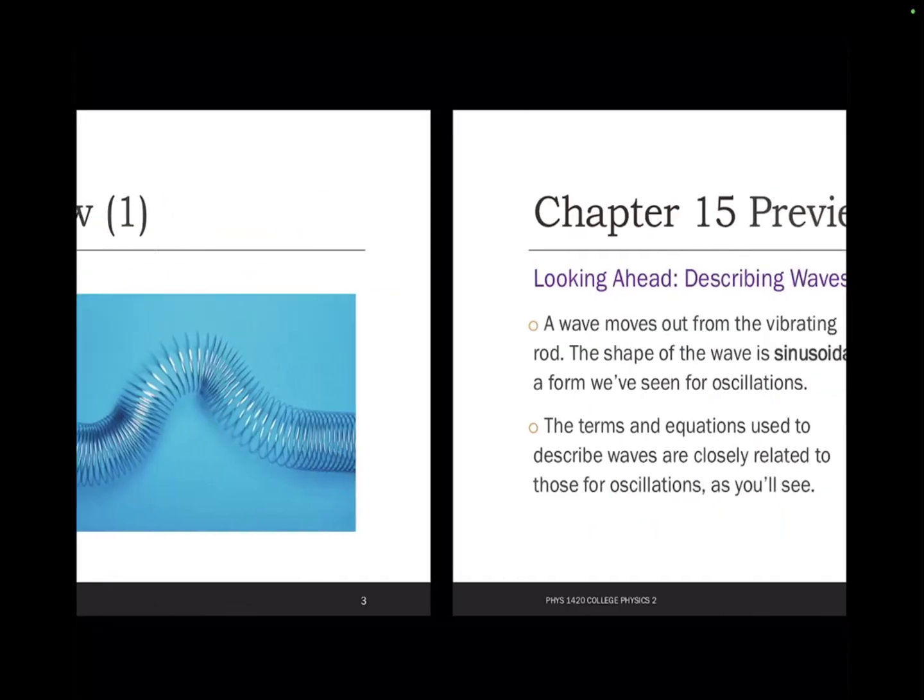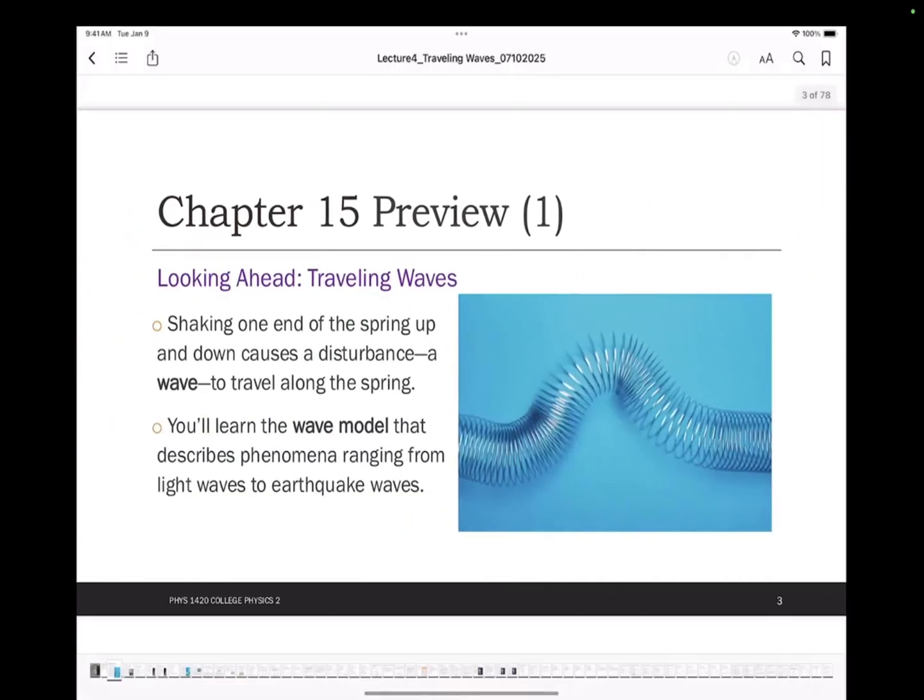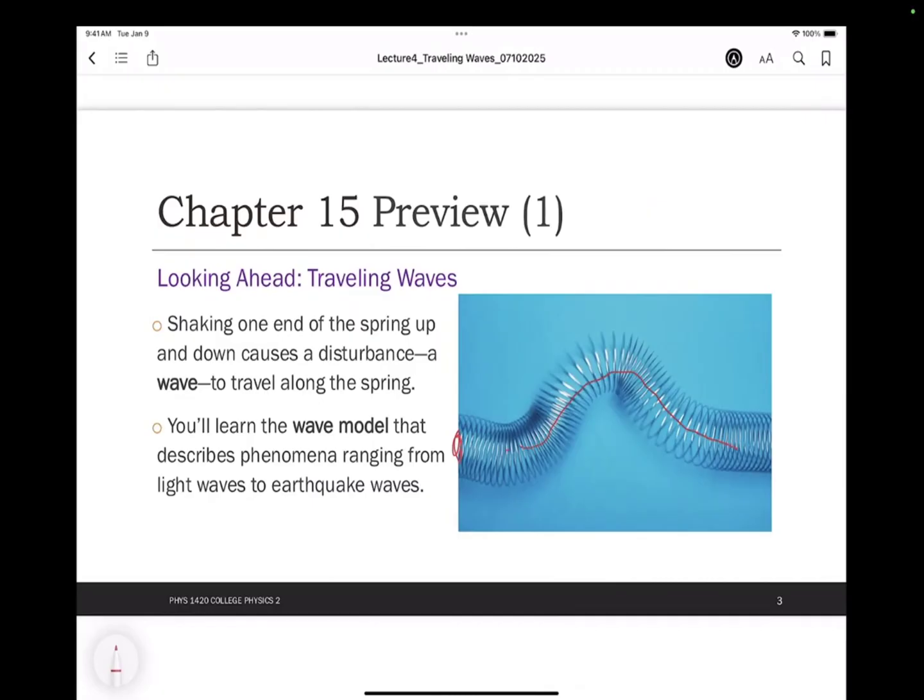If you keep shaking from here, you can generate a continuous wave, and this wave will travel along this spring. Usually a wave has the property of traveling from one end to the other end, from one position to another position.